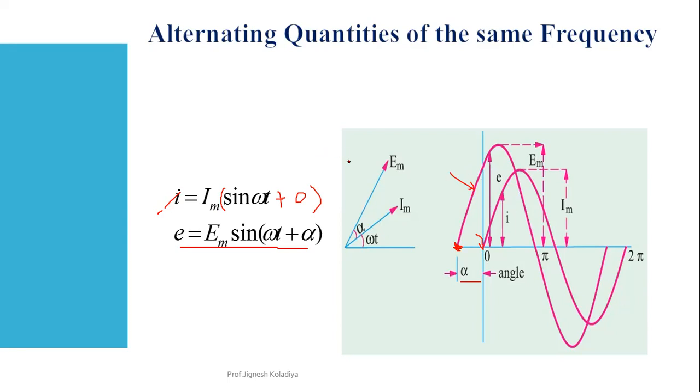Same thing you can draw with the vector. With respect to this, if it is omega t, then omega t is for Im, and then you just add alpha to that, you will get Em. If someone wants to draw like this, this is Im, and then at alpha degree it is Em.